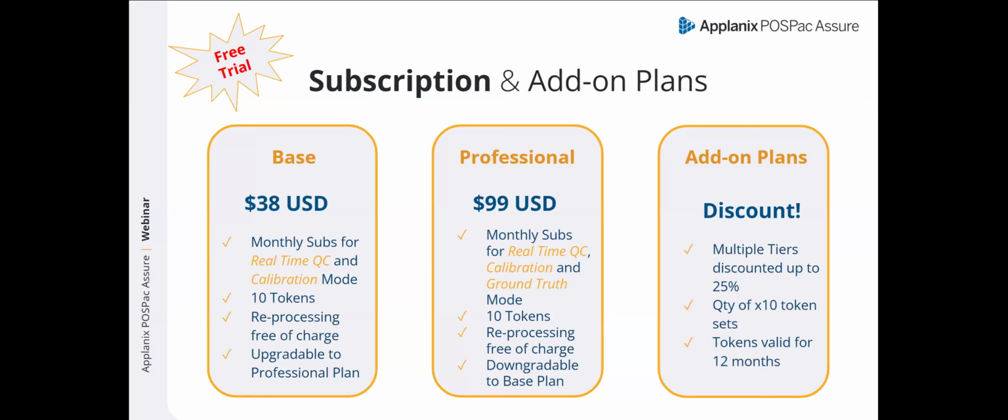Should the 10 tokens not be sufficient over a period of 1 month, you can purchase add-on plans. Each package contains another set of 10 tokens, and we apply a discount. Multiple tiers are considered and discounted up to 25%. The tokens from the add-on plans are valid for 12 months.